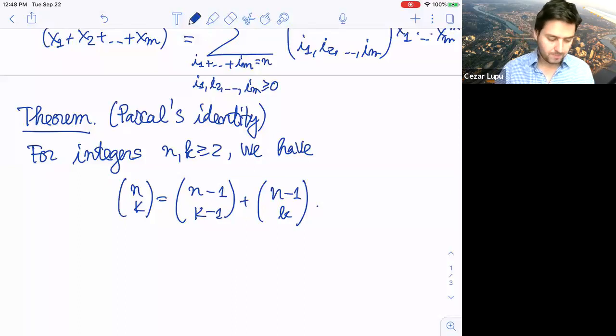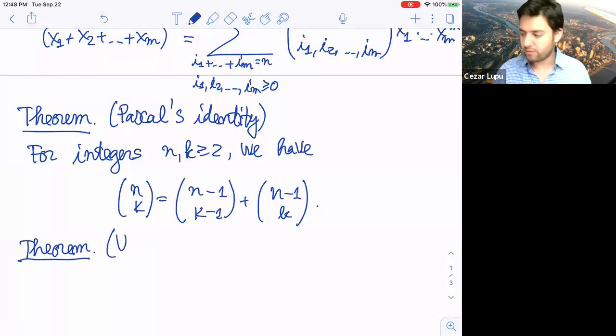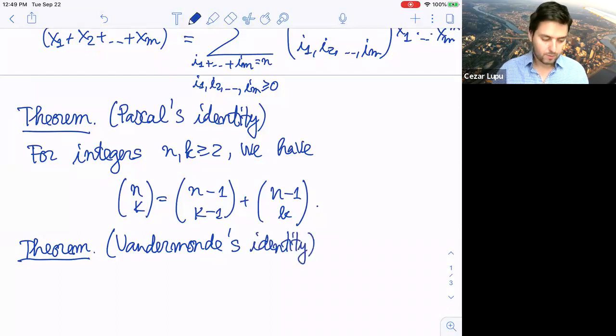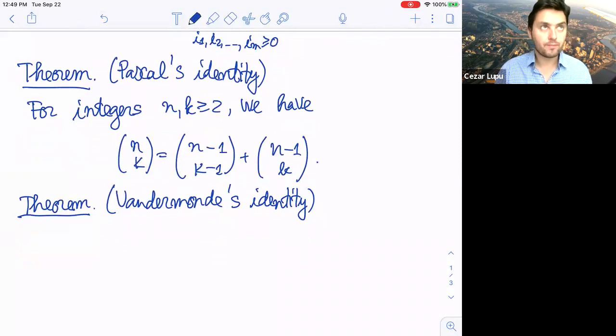And even more general, we'll have the following identity, and I'm going to point out a remark here as well. The theorem. This is what we call Vandermonde's identity, or Vandermonde convolution. And in fact, I'm going to use this in some problem today. Vandermonde's identity, which is important. This says the following.